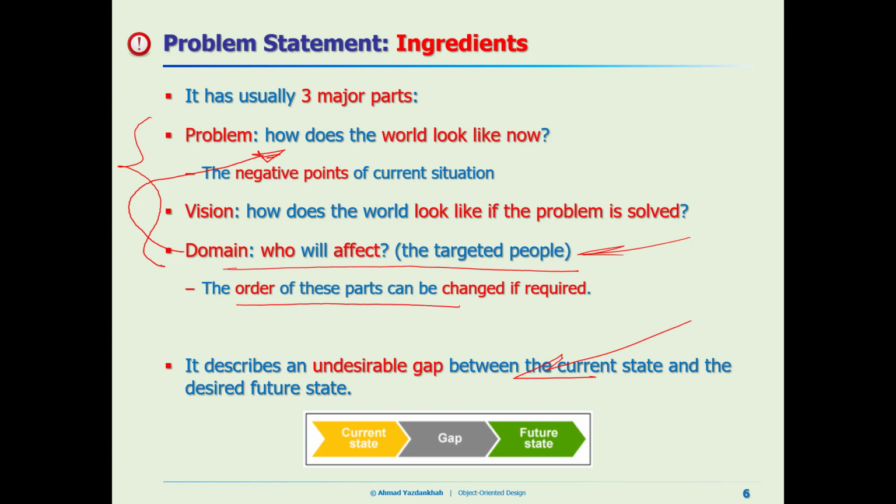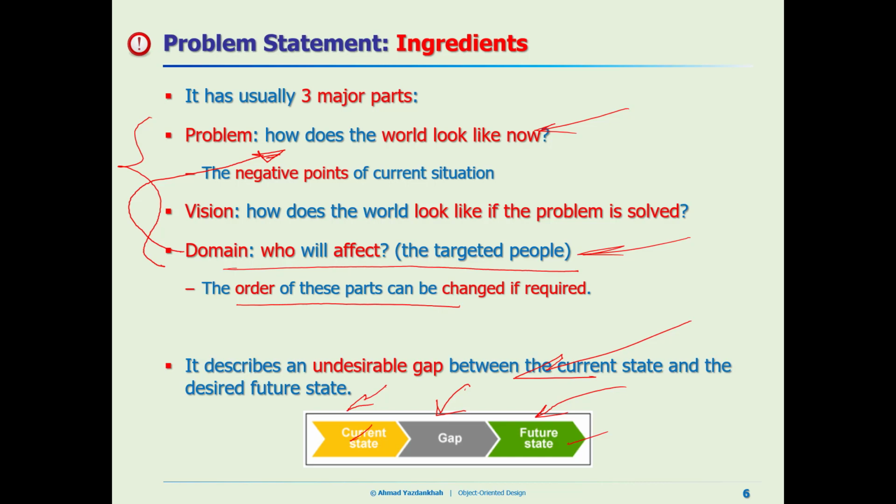In this case, you explain about the current state, which is this part, and then you will talk about this part, which is if the problem is solved, the future looks like this, and then you will say, yeah, there is a gap between this state and this state, and this software is gonna fill this gap. This is another angle for looking at the problem statement.